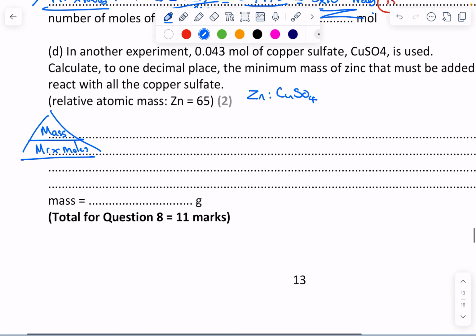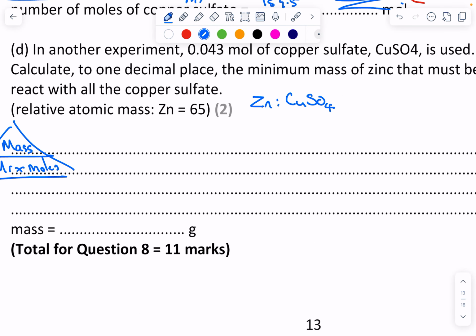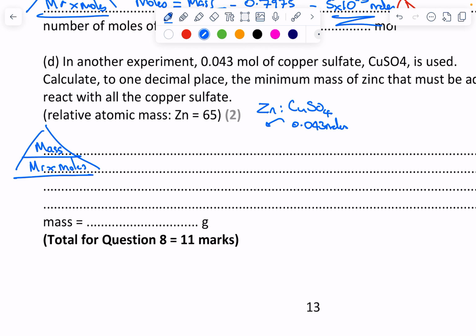So I've taken that here and I've written that there just to remind me it's a 1. So 1 mole of zinc is reacting with 1 mole of copper sulfate. So therefore, if I've got 0.043 moles of copper sulfate, I will have the same number of moles of zinc.